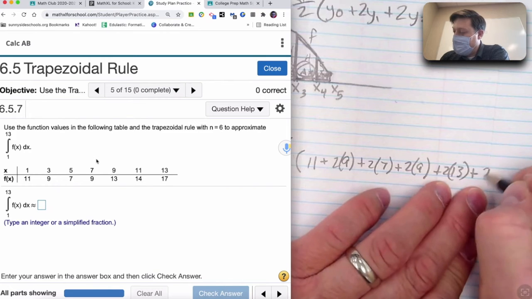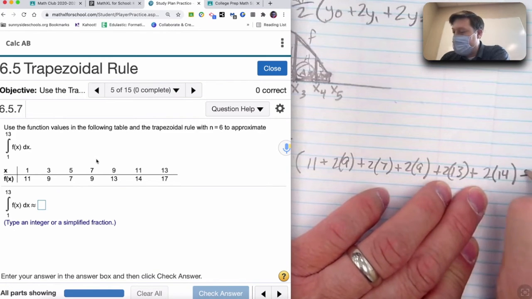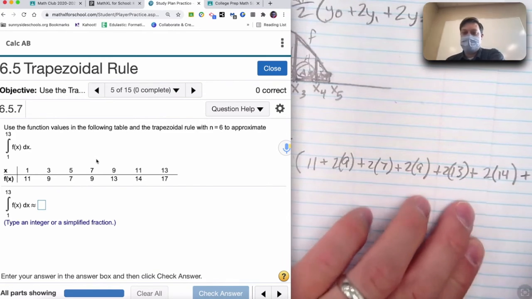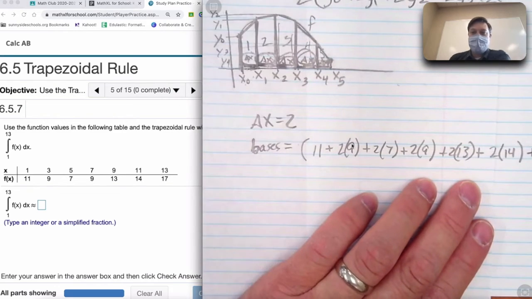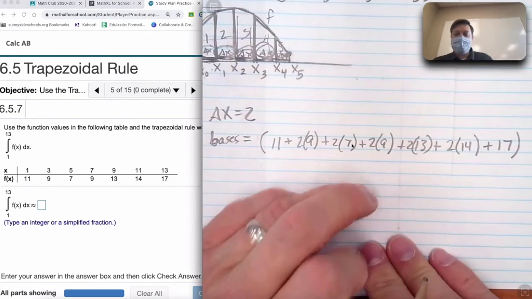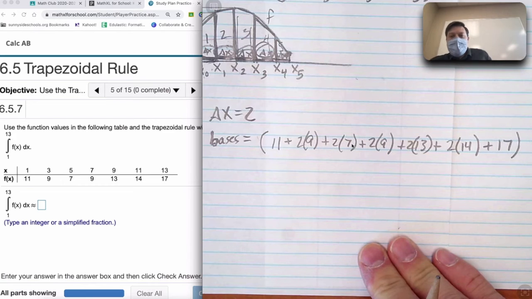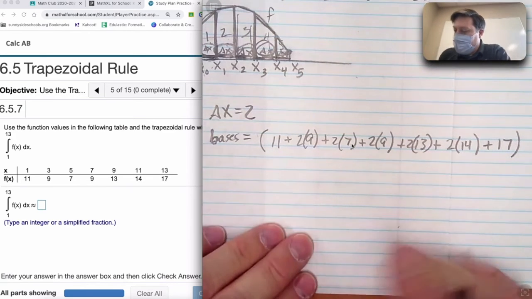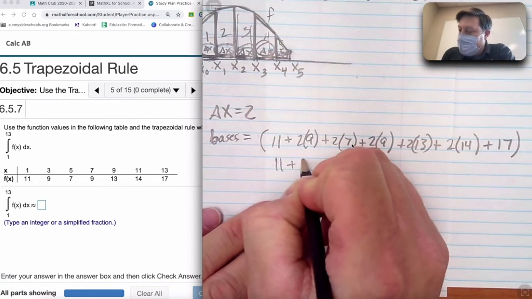What's left? Just 17. Only the ones on the edges are mentioned one time, but the numbers on the inside between intervals are used in both intervals to generate the interval.